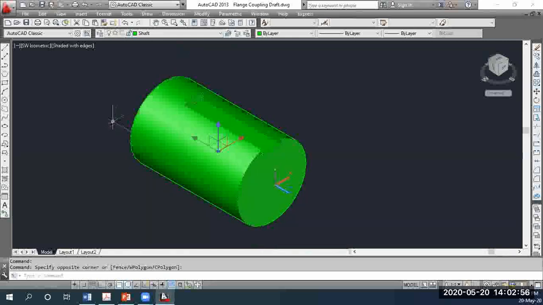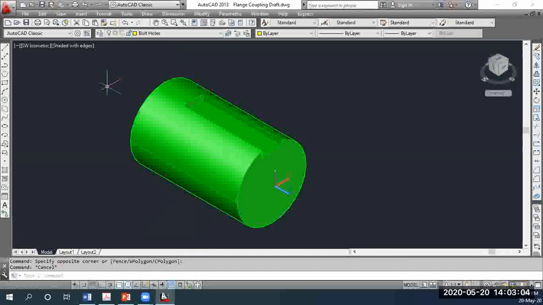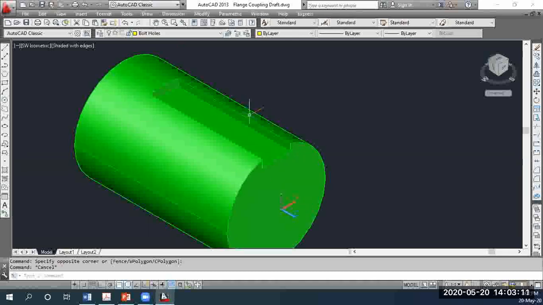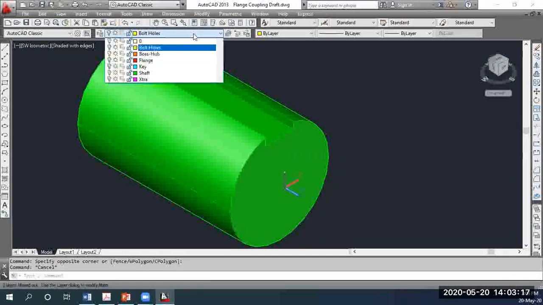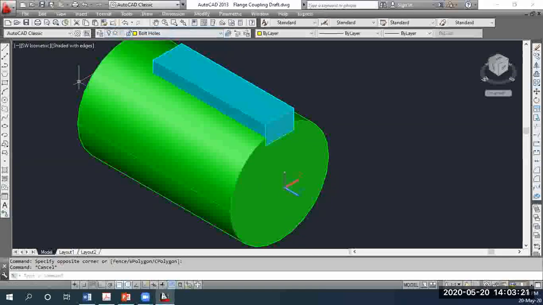Feel free to unmute your mic and interrupt me. That is the shaft, let me zoom in a little bit more, it has the keyhole in place. So what happens now is you'll have the key, which comes and fits onto it.